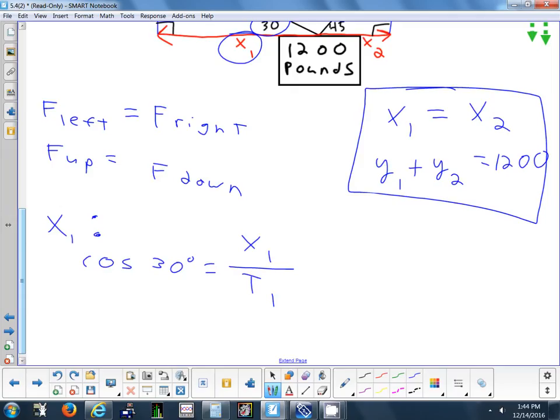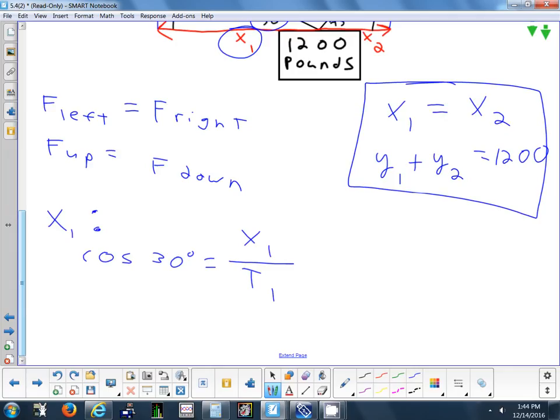Now my goal is, I'm trying to find a formula for X1. I need something I can plug in for that. How do I get X1 by itself? Oh, so T1 cosine 30. That is X1. And eventually that'll go right there.